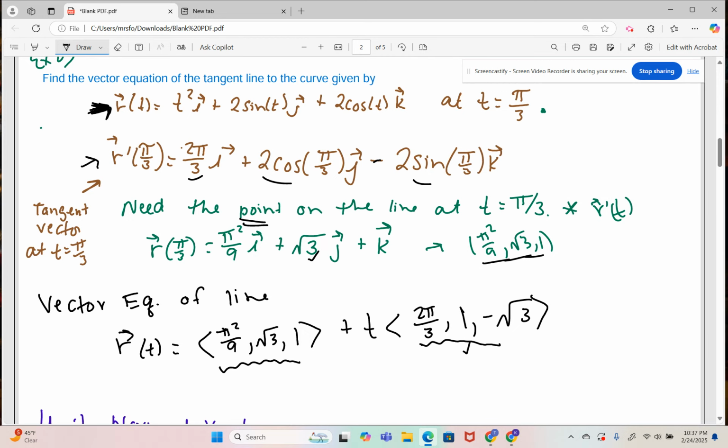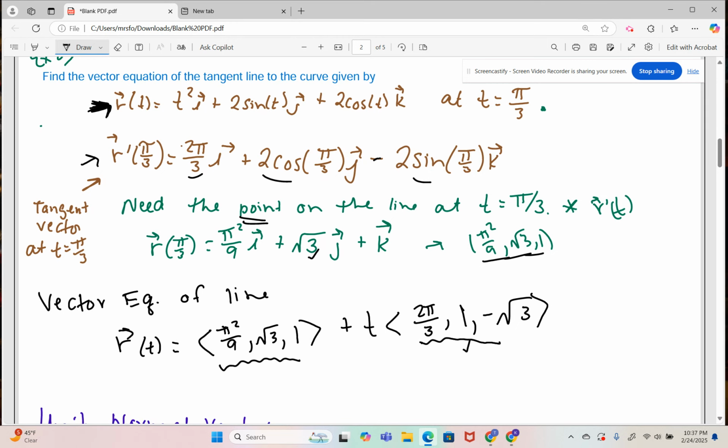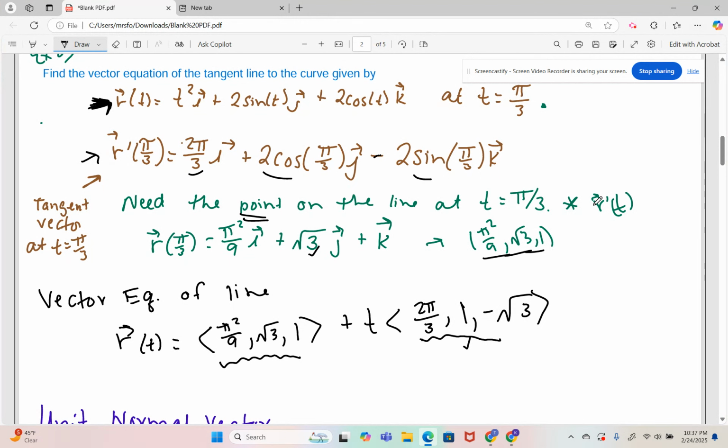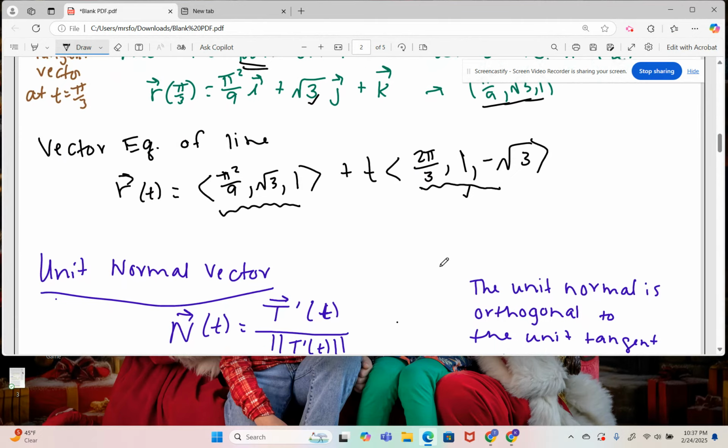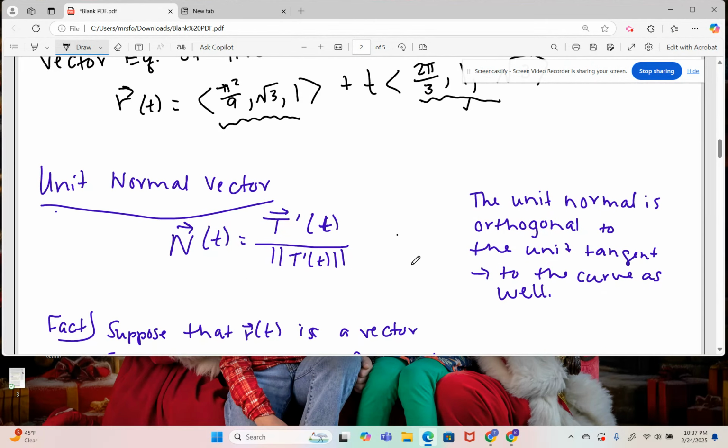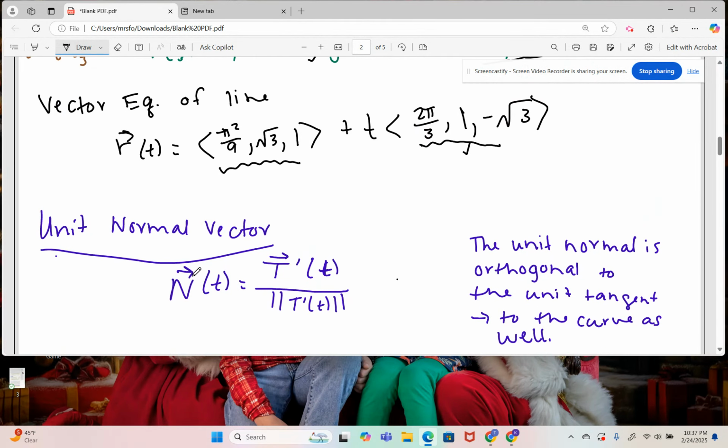So the next thing we want to talk about is the unit normal and the binormal vectors. We'll look at the unit normal. For the unit normal, we are going to use an uppercase N, and of course the vector, so the uppercase N of t.